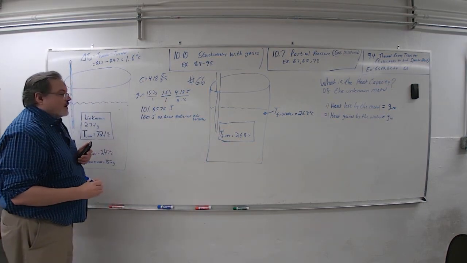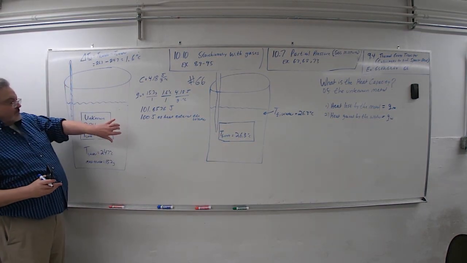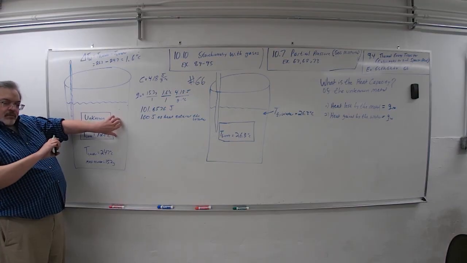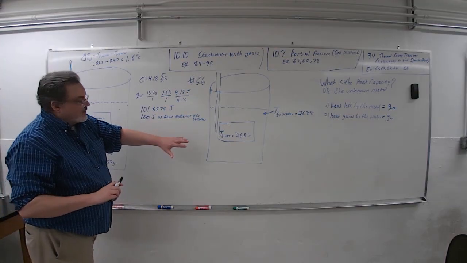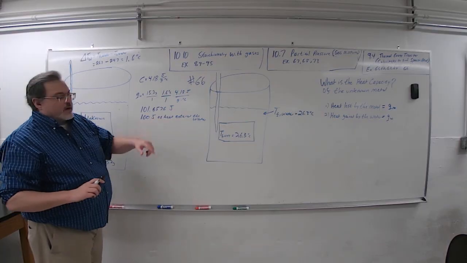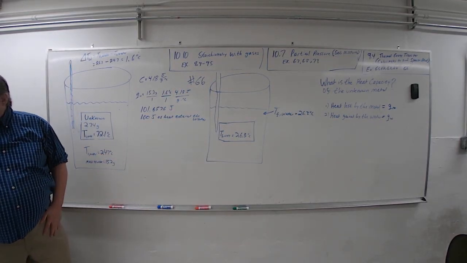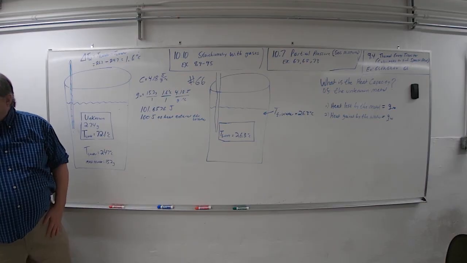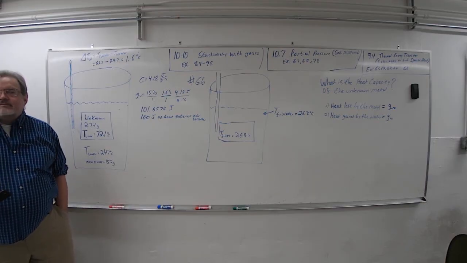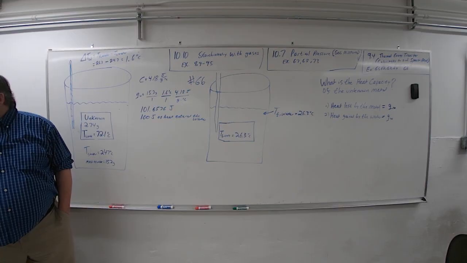You with me so far? Between earlier, when we first started the experiment, to later, 100 joules of heat entered the water. That's what we found out so far. You with me? Anybody lost?